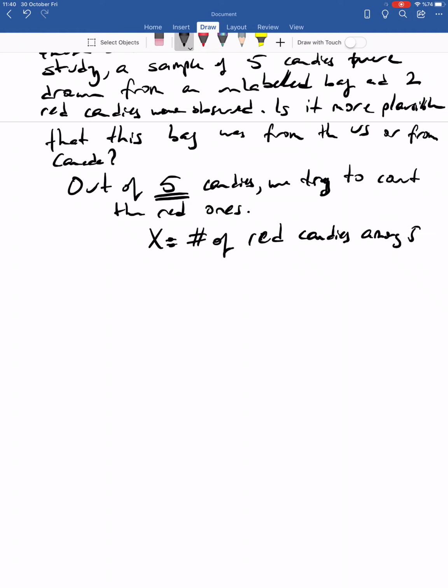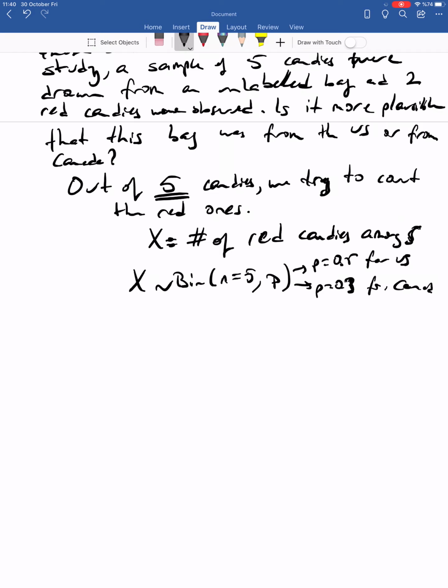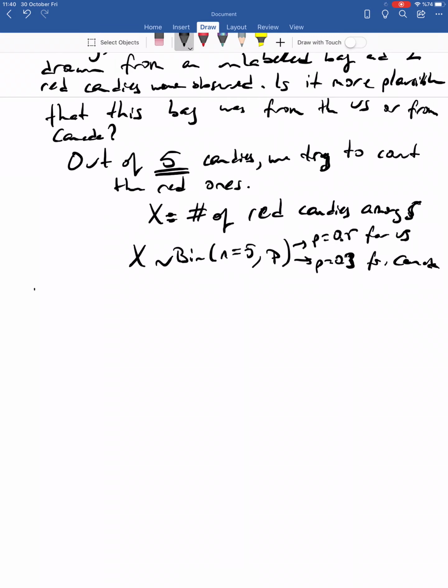So it's a binomial experiment. X is distributed as binomial, where n is 5 and we have success probability p, with p being 0.5 for the US and 0.3 for Canada. What we observe, the lowercase x, is 2.